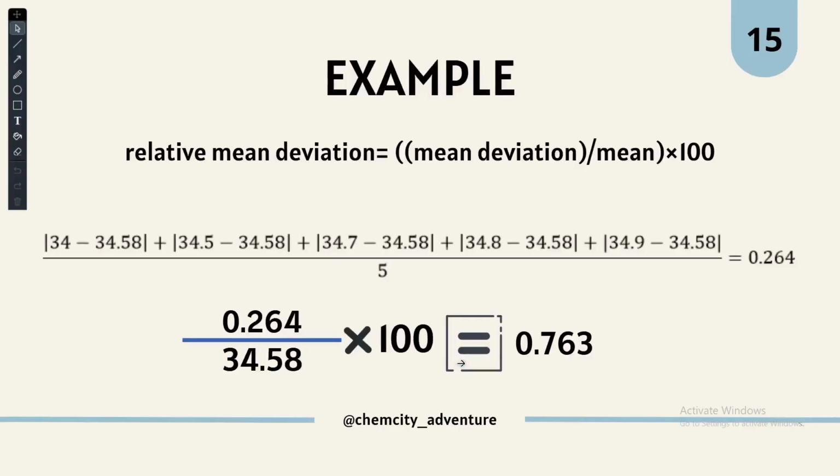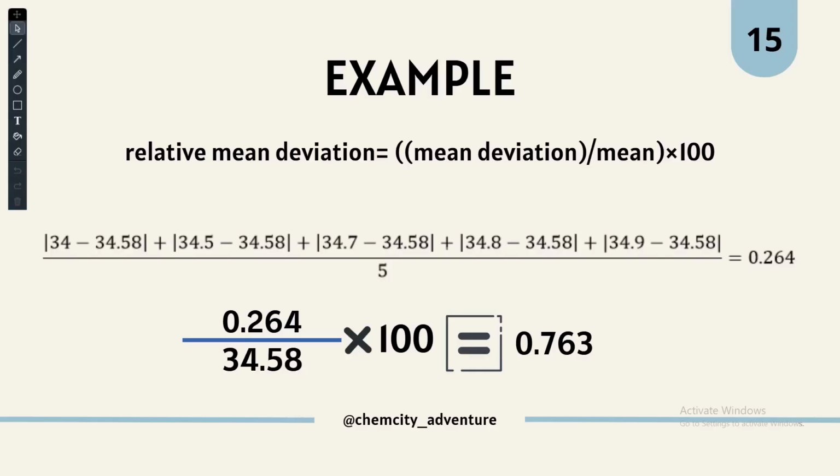So here we have the answer for person A. Relative mean deviation is equal to mean deviation divided by mean. So why do we use relative mean deviation? Why don't we use just mean deviation? Because relative is unit free, dimension free, so you don't have milligram.